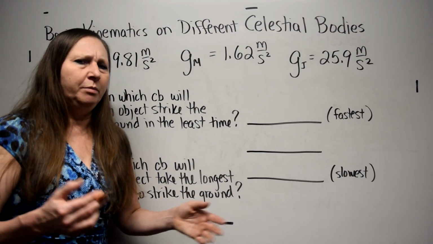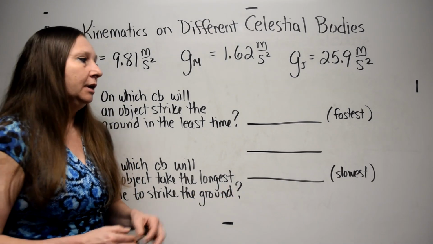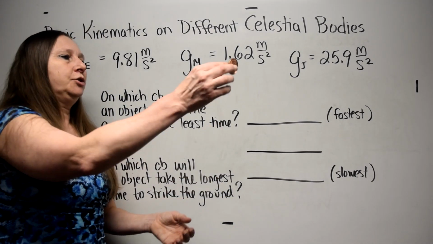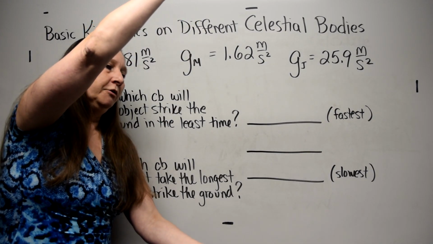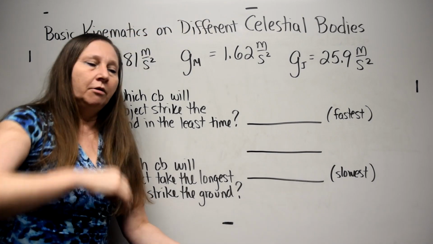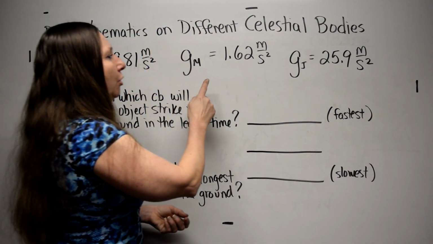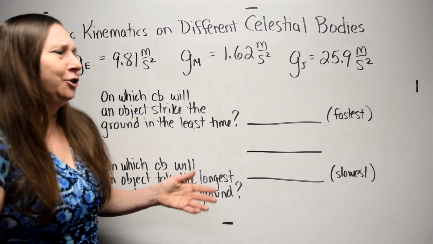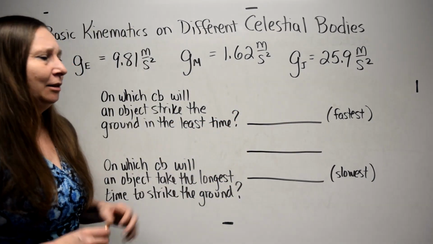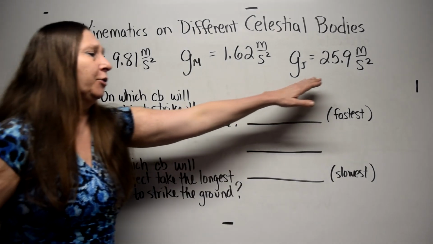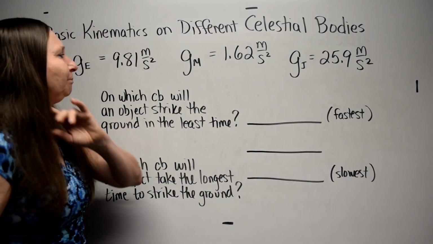You could pick 1 meter, 2 meters, 4 meters, it doesn't really matter, but I'm going to pick 6 meters, all right? So we're going to stand at the top of a structure and drop a coin from a height of 6 meters on the Earth, on the Moon, and on Jupiter. Again, Jupiter is a gas giant, so you have a little bit of leeway here, a little bit of imagination about how we're going to do that, but in any case.